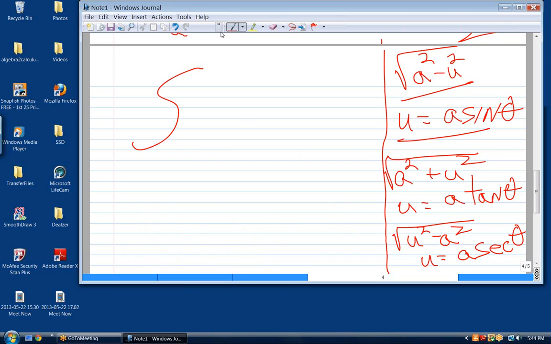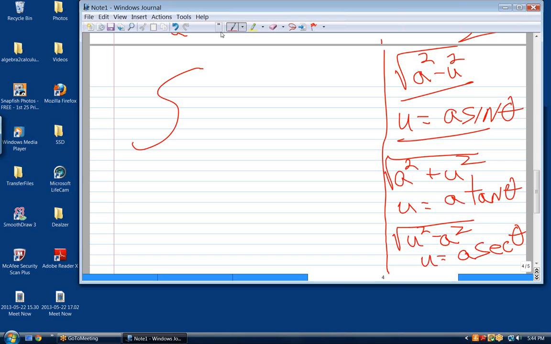Let's do another one. I have a quick question here. If the number inside the root sign there isn't a square number, like x squared minus 7, do you just use a equals root 7? Yes.